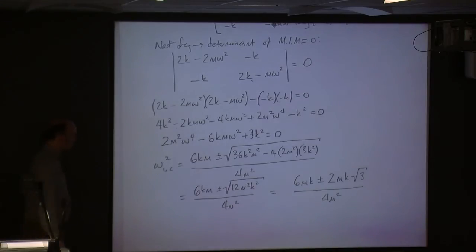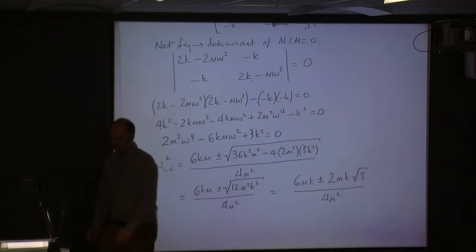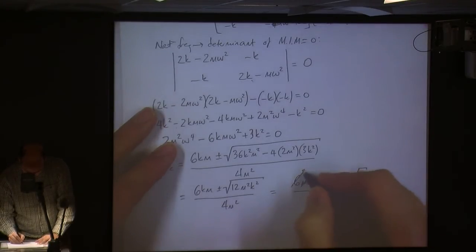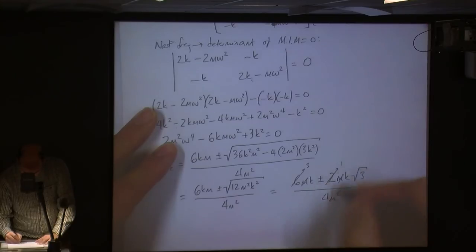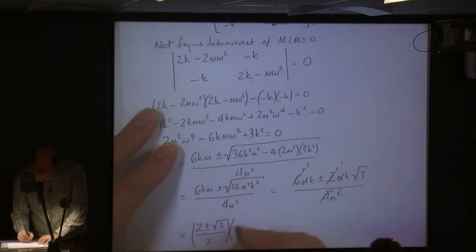Obviously those m's will cancel, this one and this one, with the squared down there. And the 2's will cancel. If that becomes 3, that becomes 1, and that becomes 2, we end up with 2 plus or minus root 3 divided by 2, k upon m.